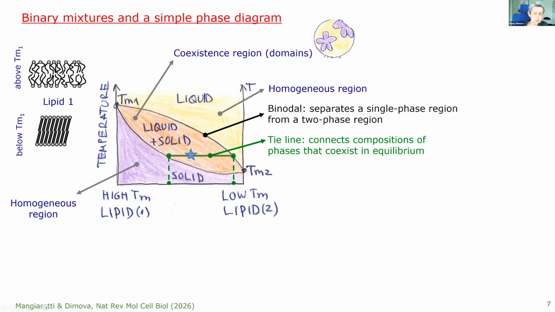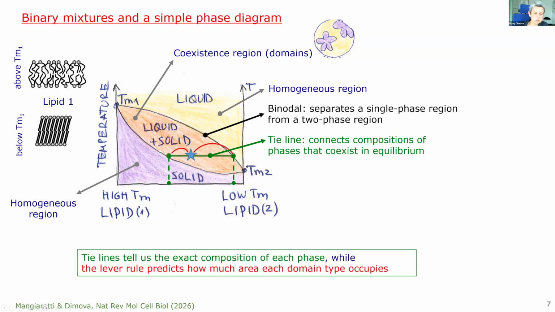Tie lines are good to know because, in addition, if you have a tie line at your point of interest, there's also something called the lever rule, which tells you that the length of this segment here versus the length of the rest of the segment of the tie line is inversely proportional to the area ratio of these domains.